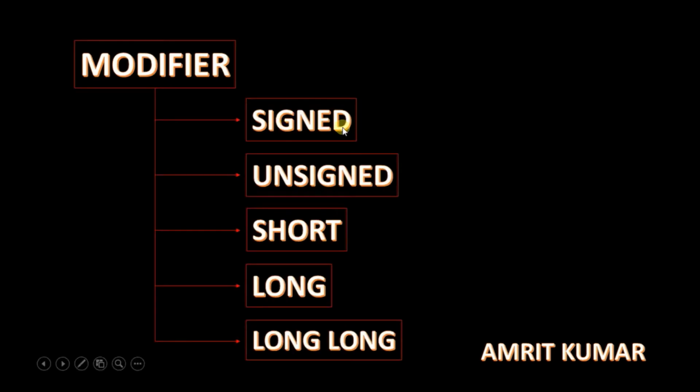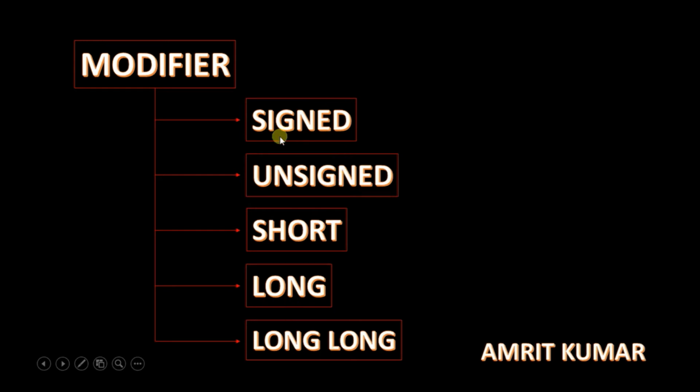If we write signed as a modifier with an integer, then its range will be something. If we write unsigned, then its range will be something else. In the same way for short, and in the same way for long.